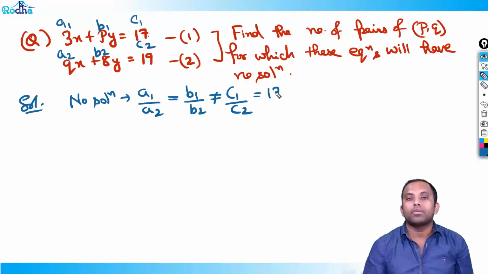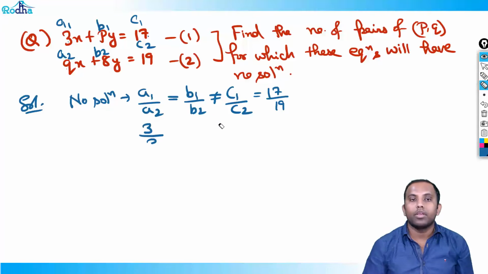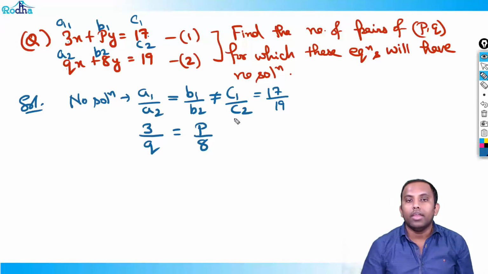These are two prime numbers. Here a1 by a2 is 3 by q, which is equal to p by 8. Since there are 3 and 8 here, this cannot be equal to c1 by c2, because it is 17 by 19.